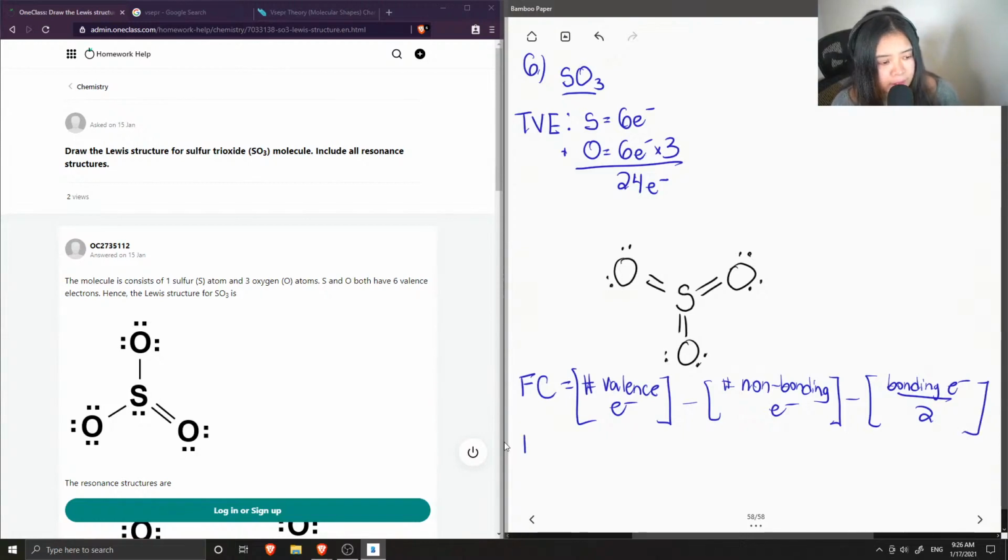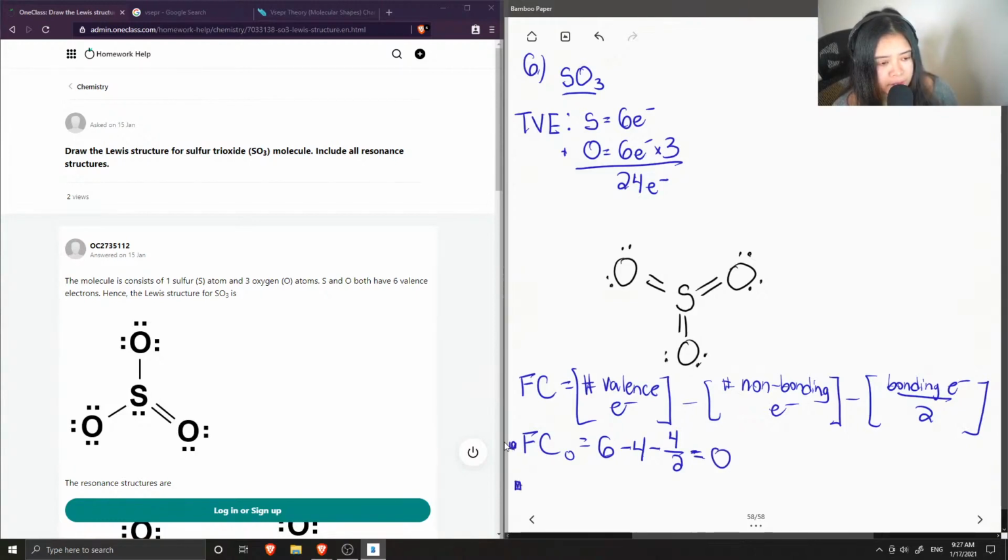So all of our oxygens are the same. They have 6 valence electrons, 4 non-bonding electrons, so these are in the form of the lone pairs, and then each of them has a double bond, so we have 4 bonding electrons in total divided by 2, so all of the oxygens have a 0 formal charge.